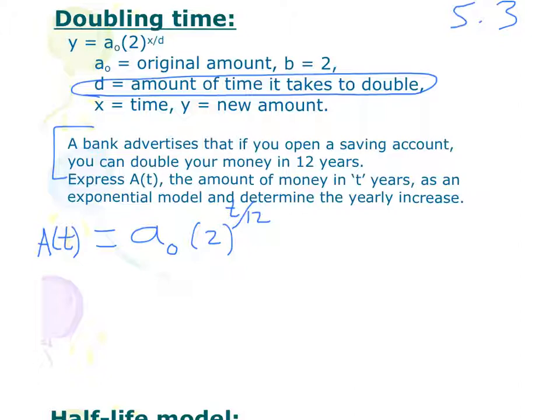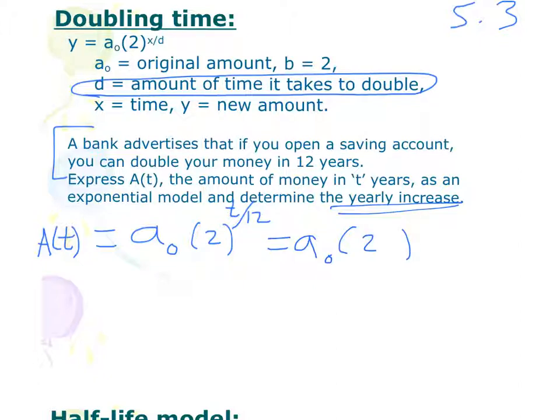The next piece here says determine the yearly increase. Now this is exponential, so we're talking about rates. So this is going to be as a percentage. This isn't linear growth, so it's not going to be going up by the same fixed amount every time. But here's how I could do this.